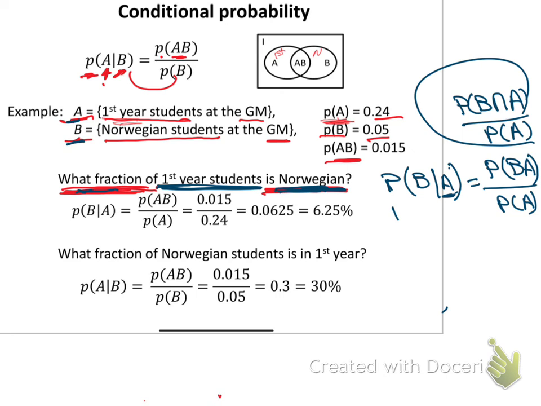So in order to be aligned with the example, I'm using the same notation. What is the probability of BA? The probability of BA is the same as the probability of AB.